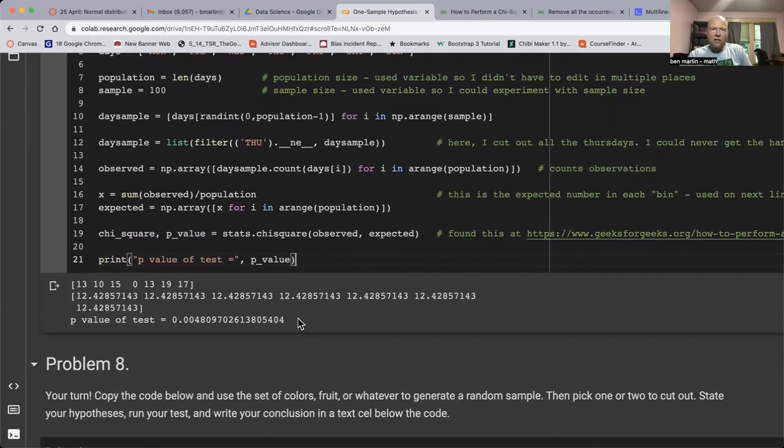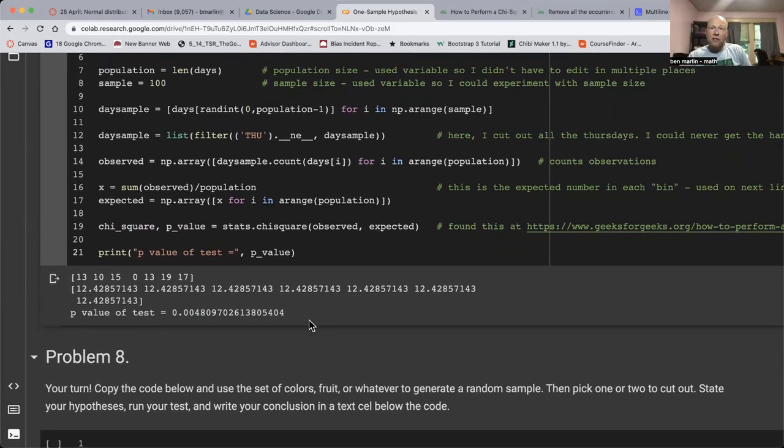With the data run that I had last, I ended up getting a p-value of 0.0048. So that's like 0.5%. That's way less than 0.05. Okay, so that means we've got pretty strong evidence that when I yanked out all the Thursdays from the sample, the sample was no longer uniform, which is not surprising.